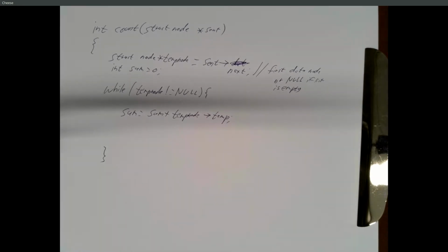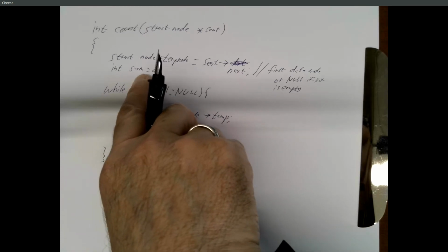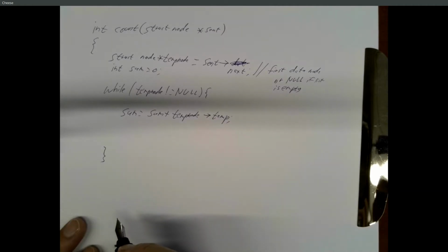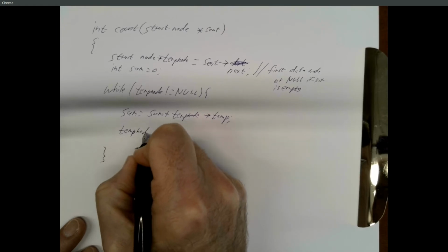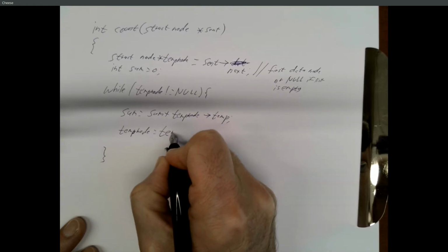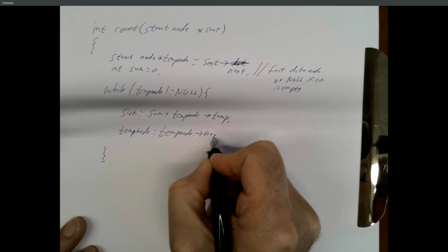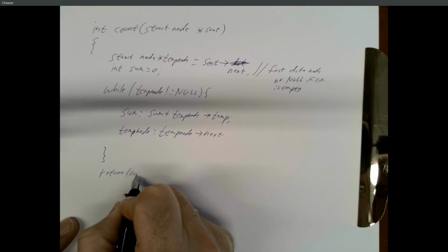And if I never go through my while loop, my sum will be 0. That's the correct thing to return for an empty list. All right, otherwise, deal with the node that I'm looking at, temp node, and then move down the list. So temp node equals temp node next. And when you come out of your loop, just return your sum.